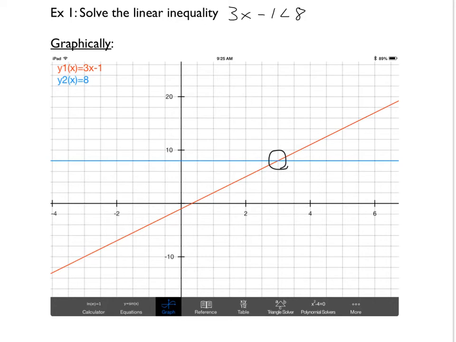And that value would be 3. And where does it exist? So where is the red function less than the blue function? So that would be anywhere here. So therefore, x is less than 3.